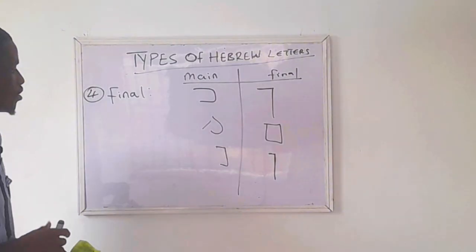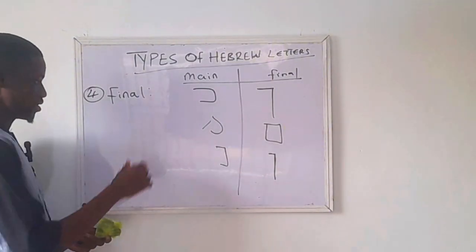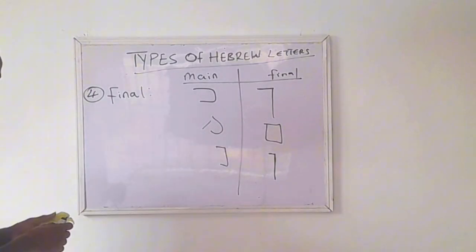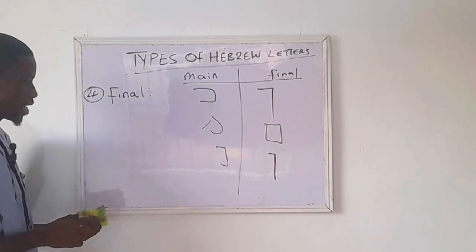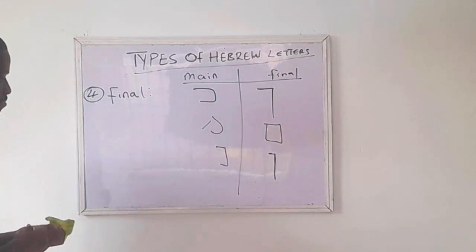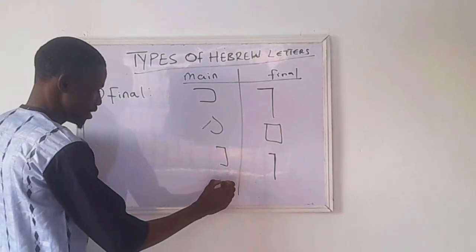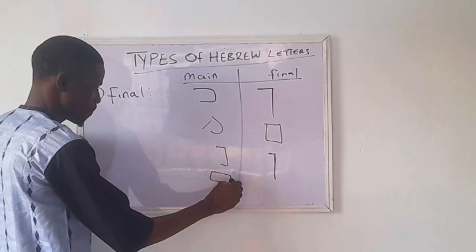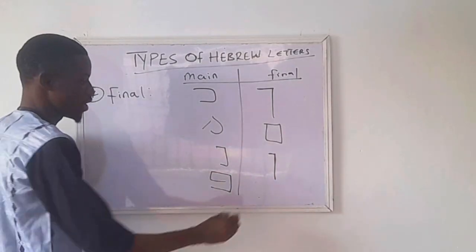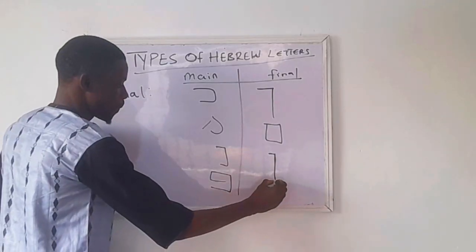Okay, so number 4, I think we have pe. It's written like this in the normal form, remember? And the final form is looking like this.